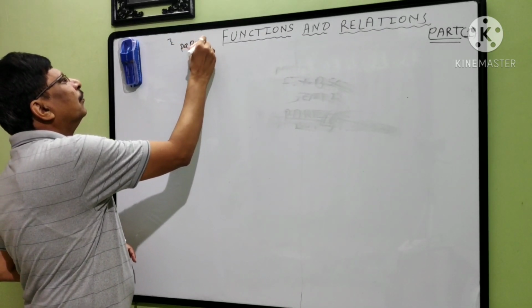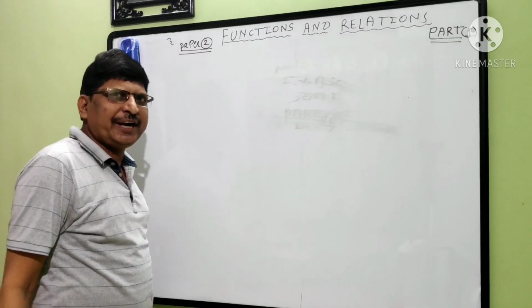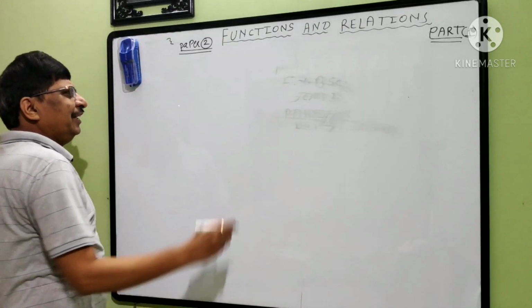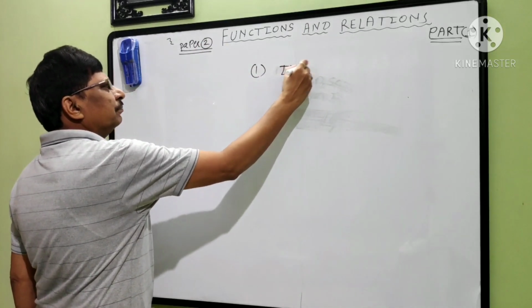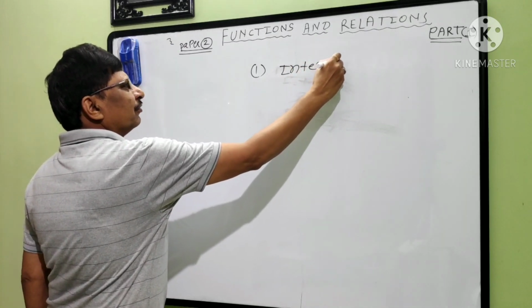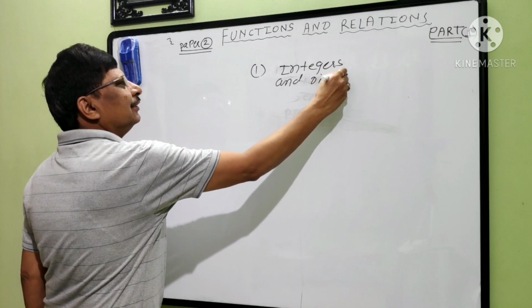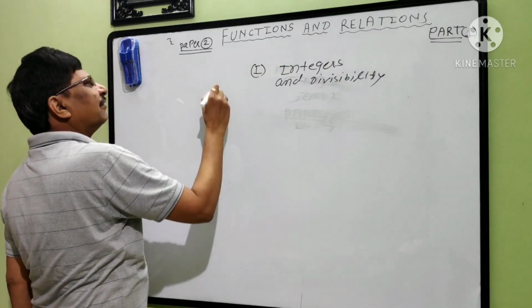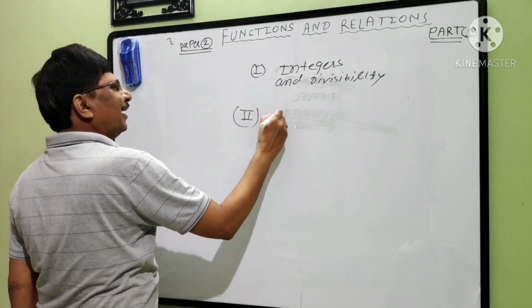In this paper you know that there are mainly 3 units. Number 1, integers and divisibility. Number 2, functions and relations.